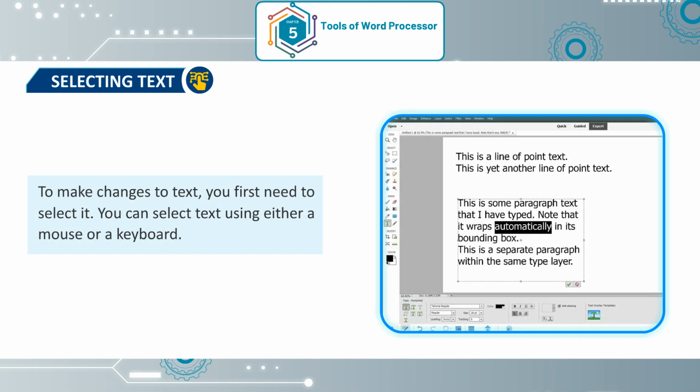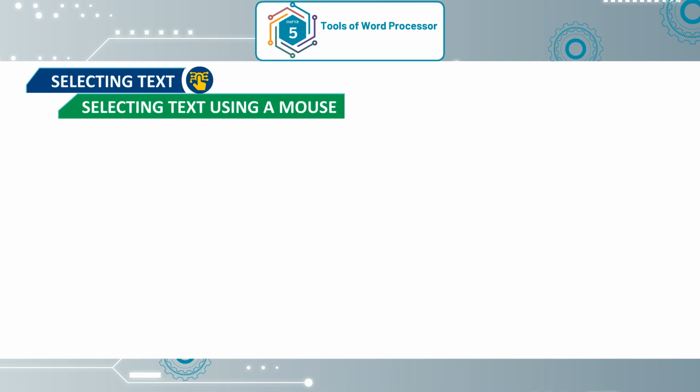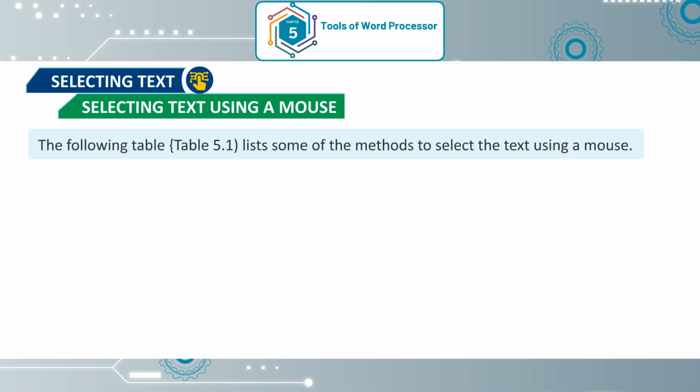Selecting text. To make changes to text, you first need to select it. You can select text using either a mouse or a keyboard. Selecting text using a mouse. The following table, Table 5.1, lists some of the methods to select text using a mouse.